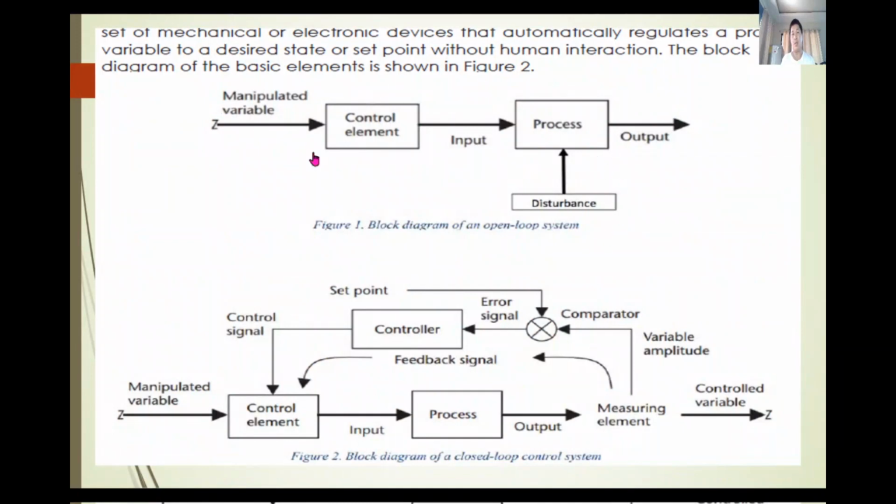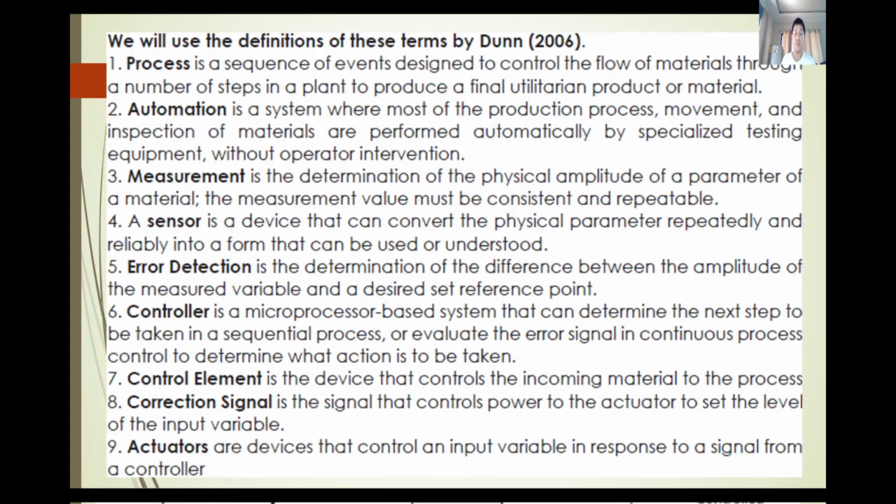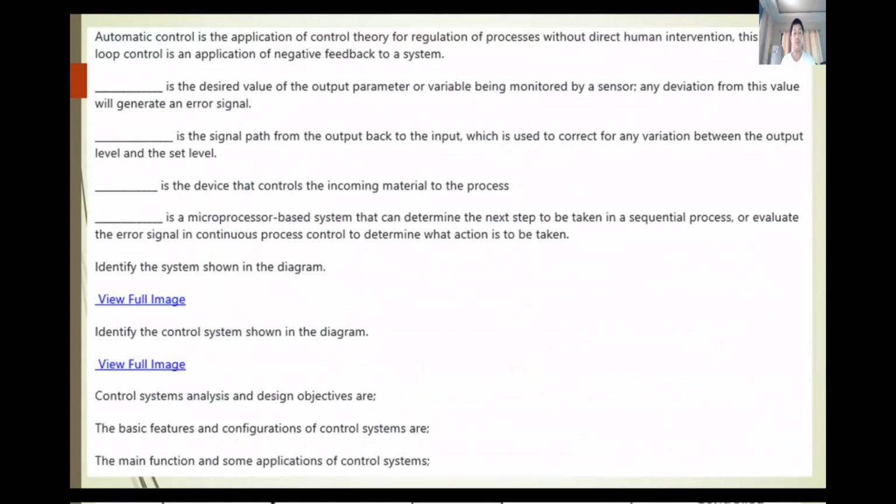You have to familiarize yourself with this open loop system or non-feedback system, and this closed loop control system, which is a feedback system. So the answer here is open loop, and here is closed loop.